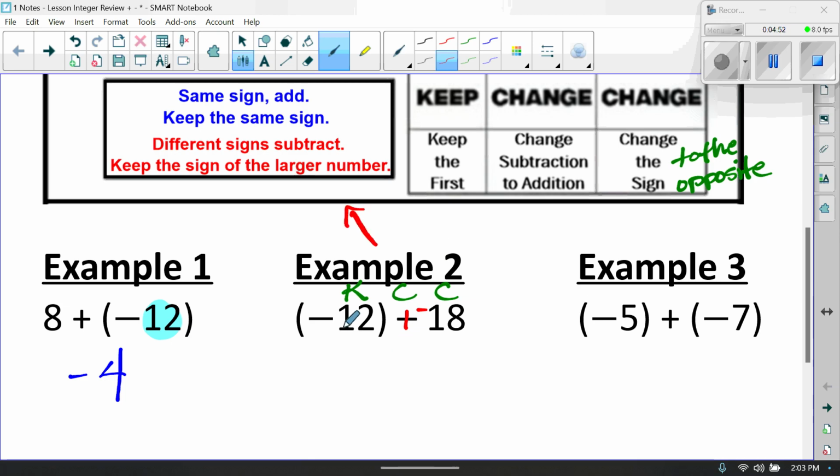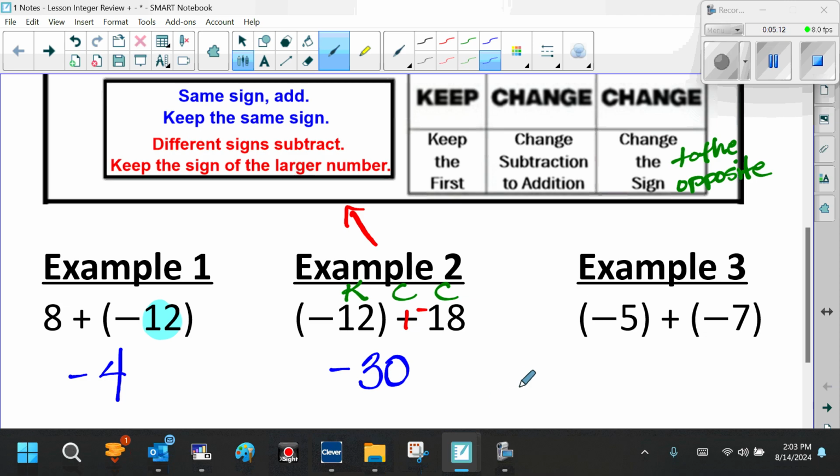So, negative, negative, that's same sign. So same sign, add. So that's 12 plus 18, and 12 plus 18, of course, gives us 30. And it says same sign, add, keep the same sign. So negative, negative, the answer is going to be negative.